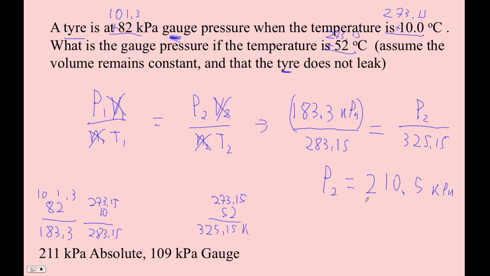And now we want to find the gauge pressure, so we've got to take away an atmosphere. How much more than an atmosphere is this? So minus 101.3, and I get 109.2 kilopascals, and that's gauge pressure.